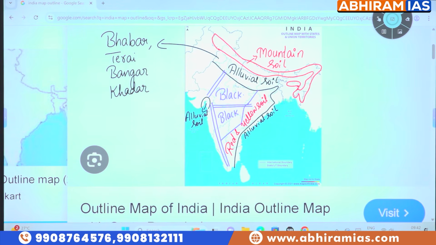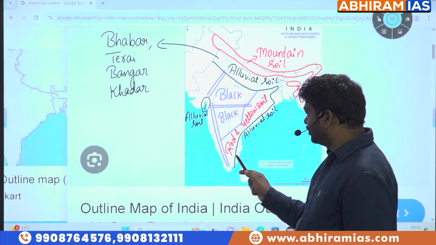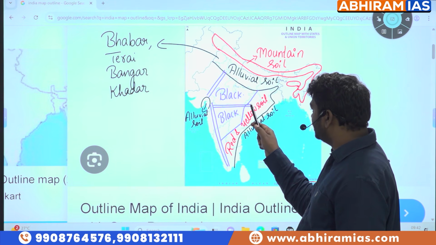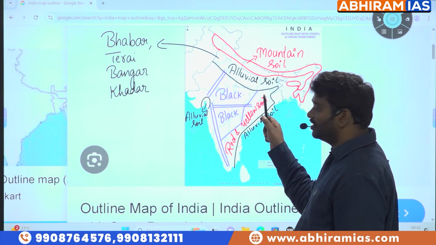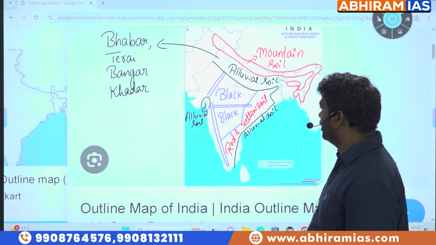Okay, in the remaining points you will have red and yellow soil. Can you tell the states where red and yellow soil are there? Tamil Nadu, Karnataka, Andhra Pradesh, Telangana, Chhattisgarh, Odisha, Jharkhand. Which soil? Red and yellow.